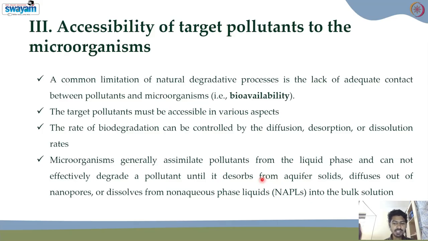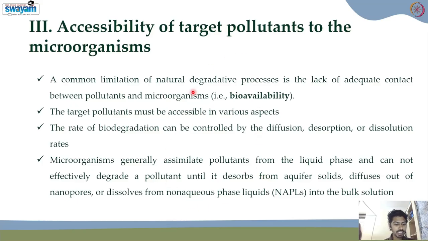And the second example is the pollutant present in the nanopores. That is, the pollutant in the rock or soil takes time to diffuse out before the microorganism can access it.